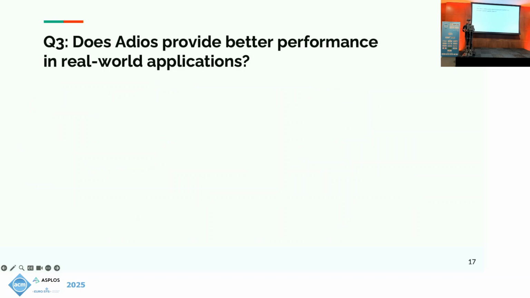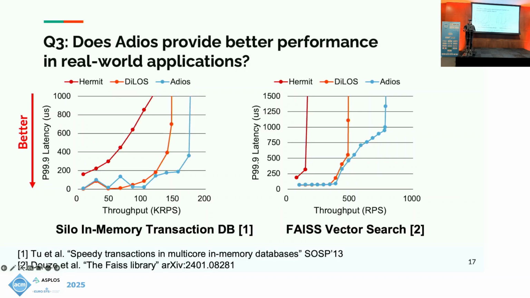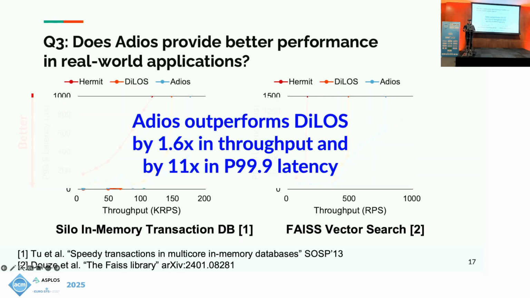We also conduct two other experiments with complex applications: Silo, an in-memory transactional database, and FAISS, a vector search engine. Adios also offers better throughput and tail latency overall. Overall, Adios outperforms DiLOS up to 1.6 times in throughput and 11 times in 99.9th percentile latency.